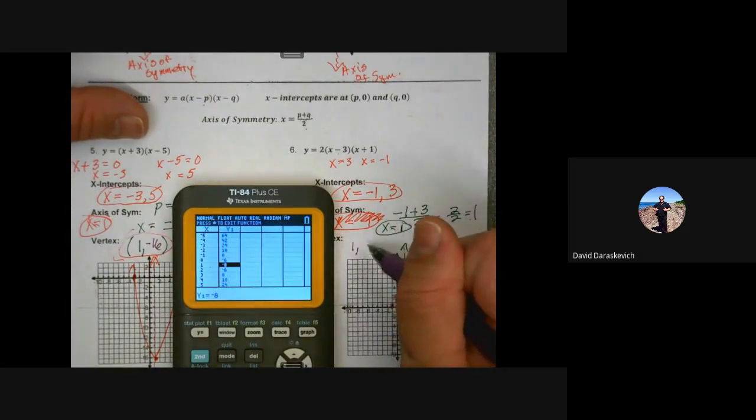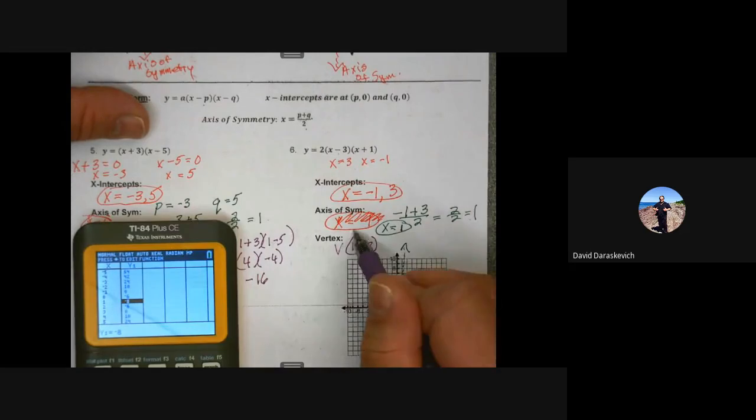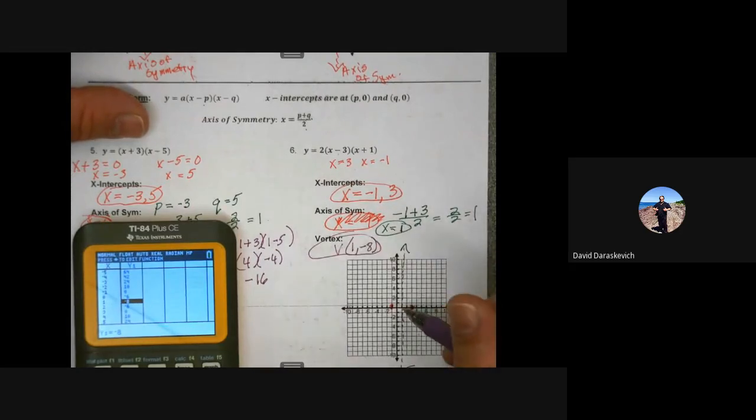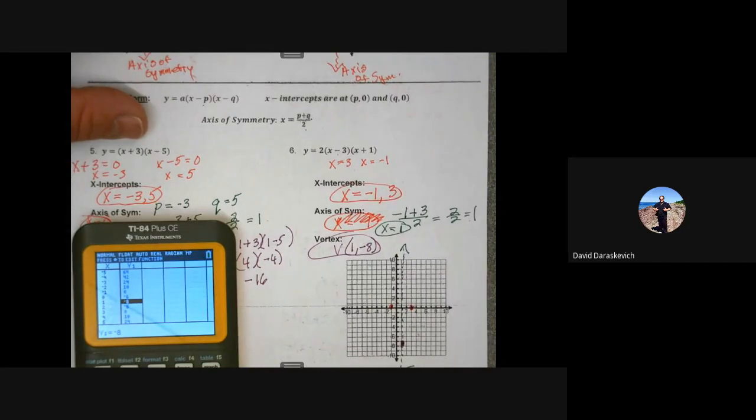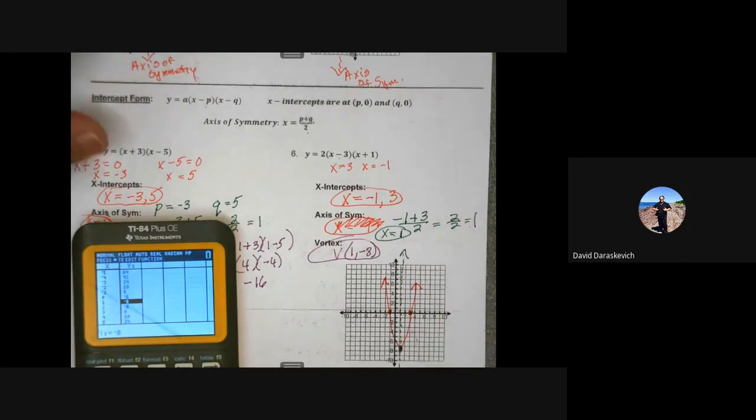So the vertex is 1, -8. So here's my parabola. So yes, the calculator was definitely easier for this problem.